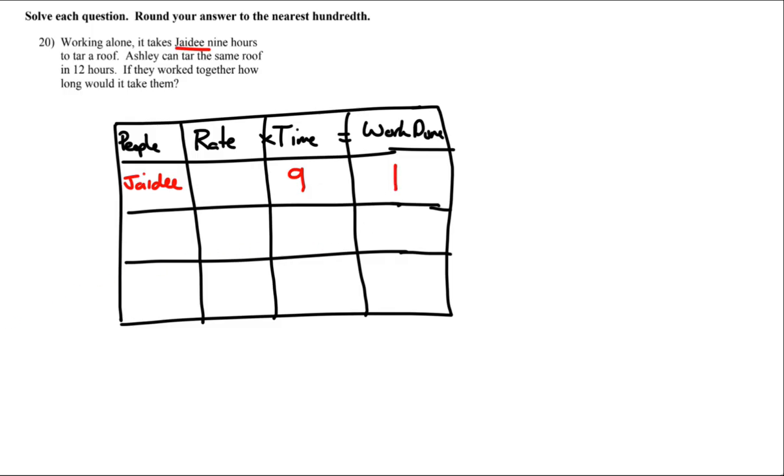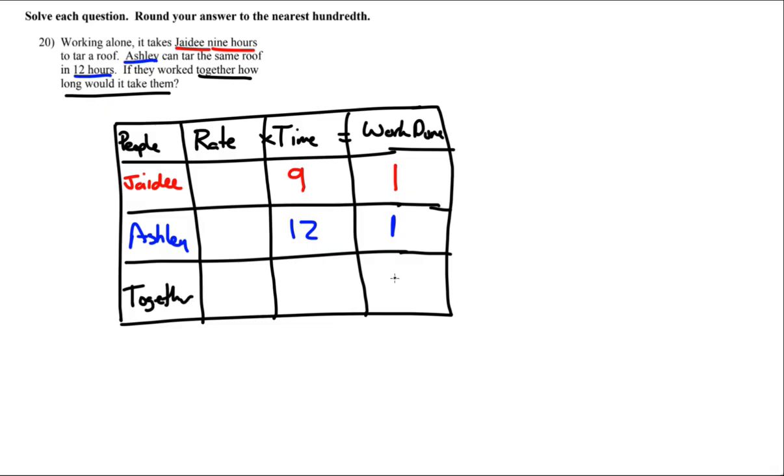And we know that Ashley can do the same roof in 12 hours. So it takes JD 9 hours, and Ashley 12 hours to do that same roof. Well, if they work together, how long would it take them?